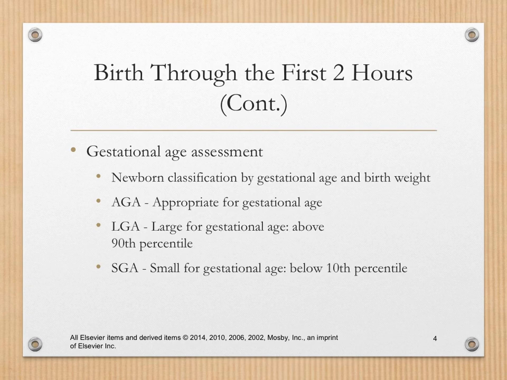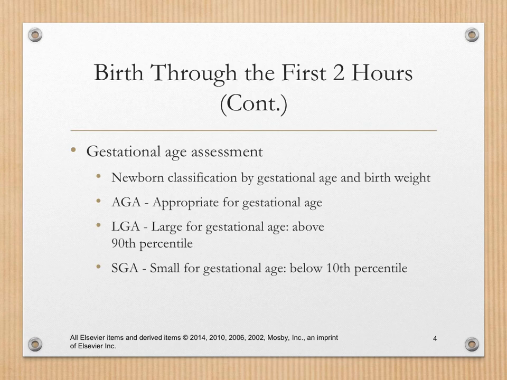Kind of use the ear line as the mark, the top of the ears. Term newborn head circumference ranges 32 to 36.8 centimeters, and that is how everything is documented. Weight is documented in grams, and head circumference, length, and chest circumference is documented in centimeters.